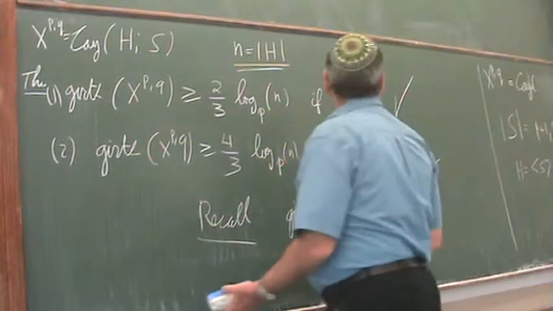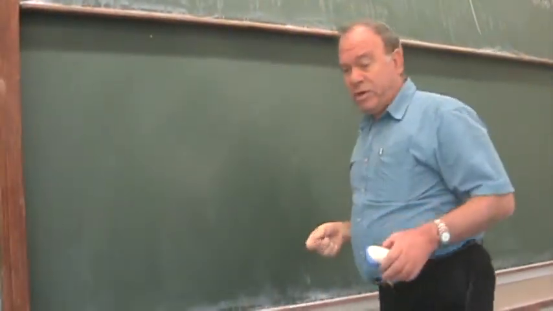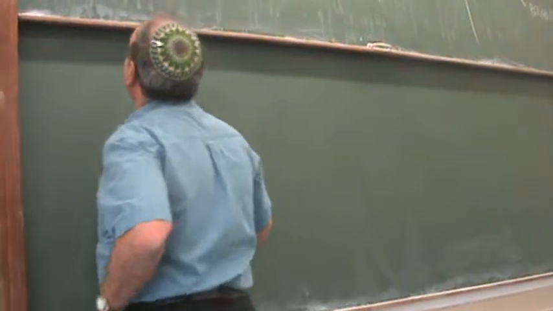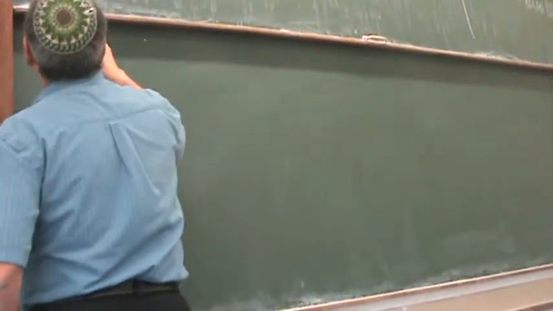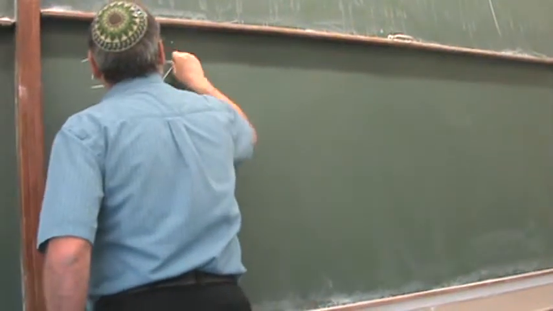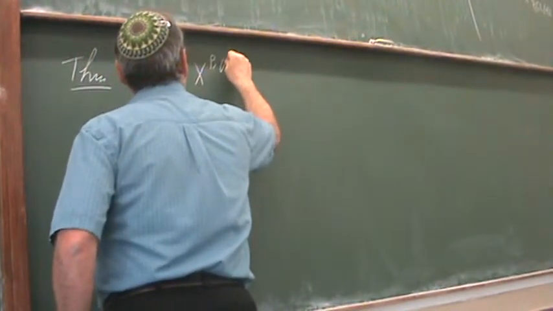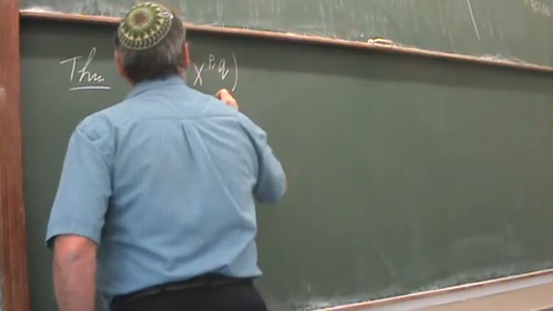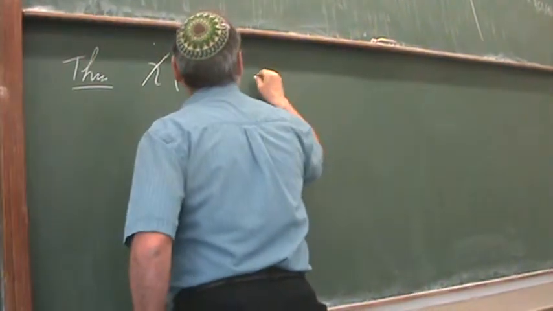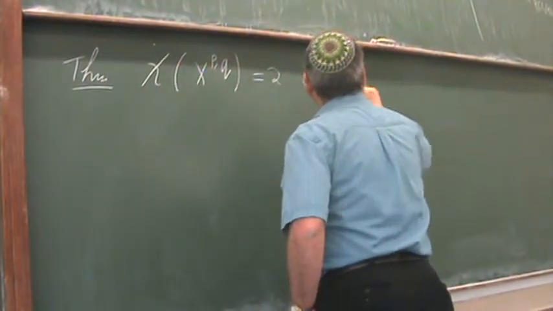But there was another property which I promised you, and maybe this I should do, because that's really related to expanders, and that's about the chromatic number. So the other theorem was about the chromatic number of X_{p,q}, and now, of course, the chromatic number of X_{p,q} is equal to 2 if (p/q) is equal to minus 1.